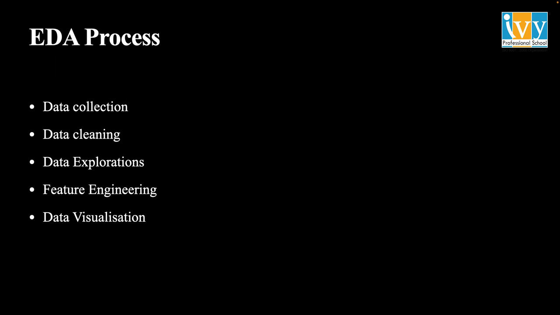Next is data exploration. So this is the heart of this process. In this process we use statistics, we use visualization, we use descriptive analysis to understand and explore our data. Next is feature engineering. Now, in this step, we create new variables or transform existing ones to enhance our understanding of the data or to improve the performance of machine learning models.